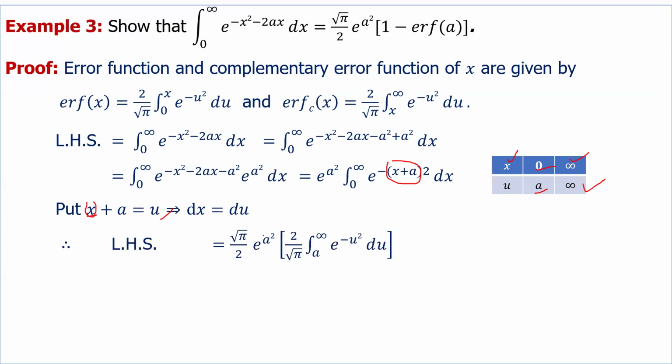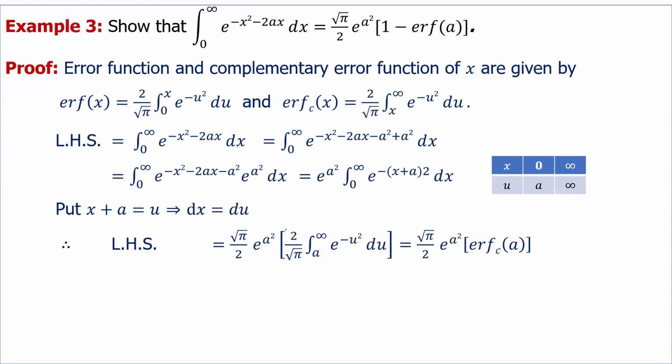So left hand side is given by, and one more thing we are doing: since in the answer it is root pi by 2, we are multiplying and dividing by root pi by 2. So root pi by 2 e to the power a square, and 2 upon root pi integration under the limit a to infinity, because the limit is changed from a to infinity, of e to the power minus u square du.